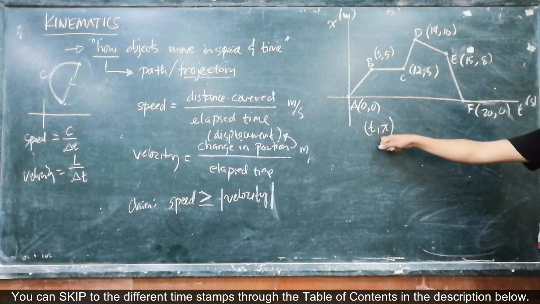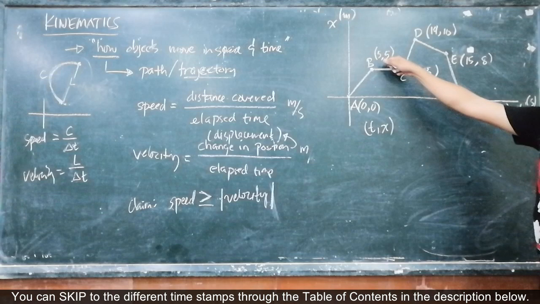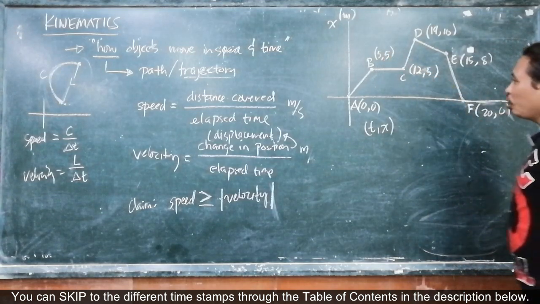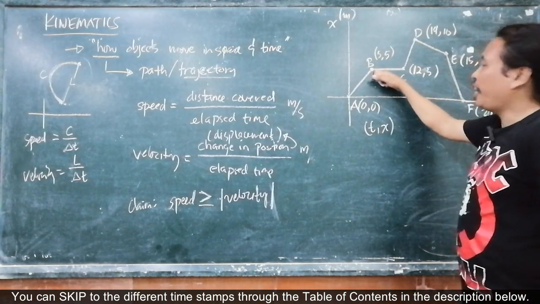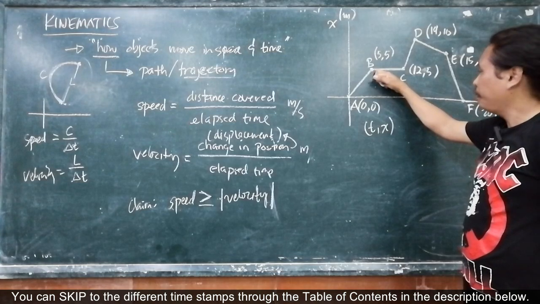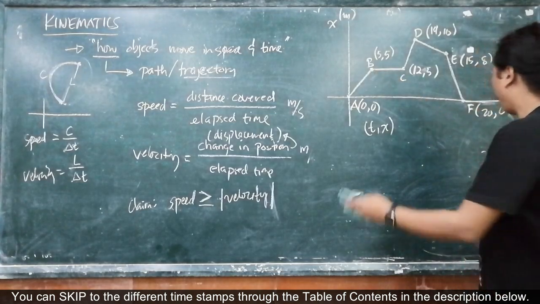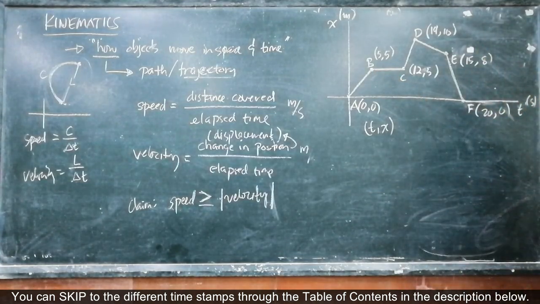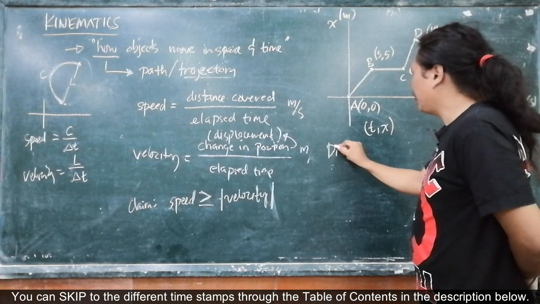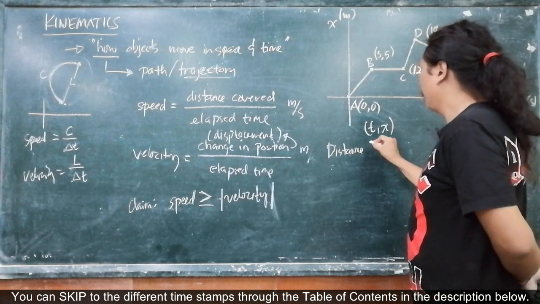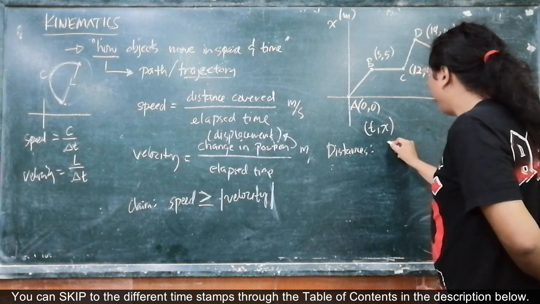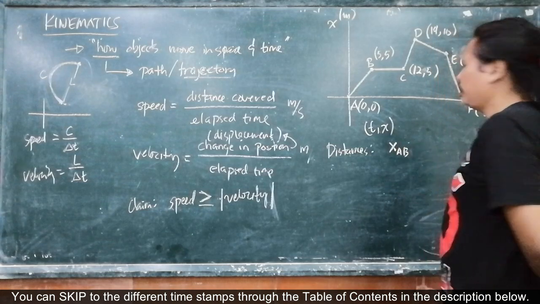Let's use this convention, meaning this is time and this is x. So it took 5 seconds. Okay, so let's calculate the distance. What are the distances here? We have XAB, right?